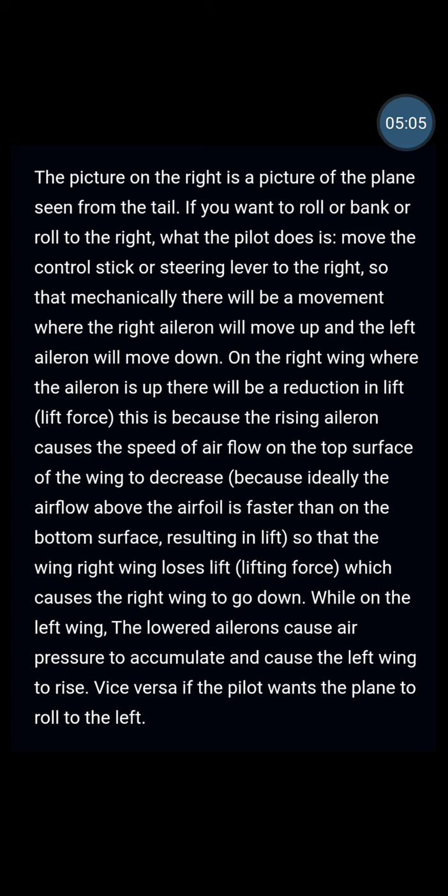This is because the raised aileron causes the speed of airflow on the top surface of the wing to decrease, because ideally the airflow above the airfoil is faster than on the bottom surface, resulting in lift, so that the right wing loses lifting force, which causes the right wing to go down, while on the left wing the lowered aileron causes air pressure to accumulate and causes the left wing to rise.